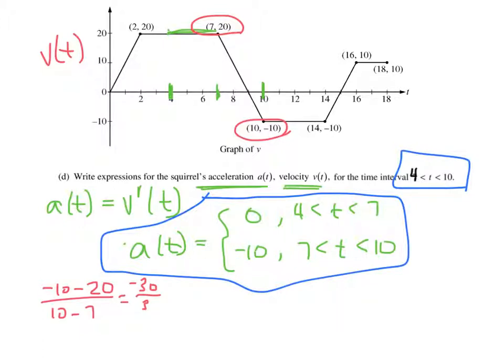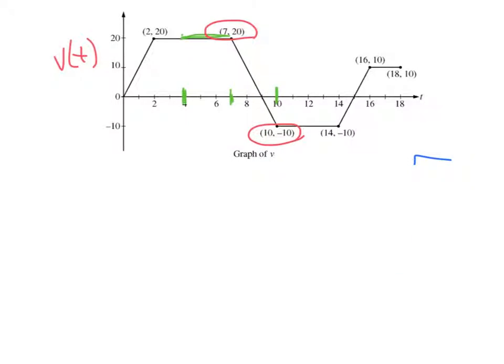Now the problem wants us to come up with one for velocity. So if I want an expression for velocity, again from 4 to 10, I'm going to have to once again break it up into two different expressions. If you think about it, this is the graph of velocity. So how do I write an expression for the graph of velocity? Well, I name its equation.